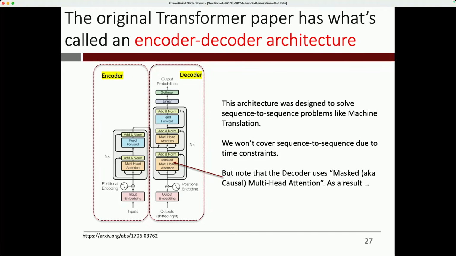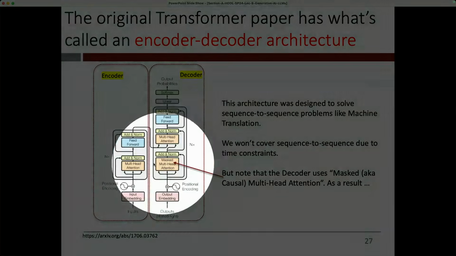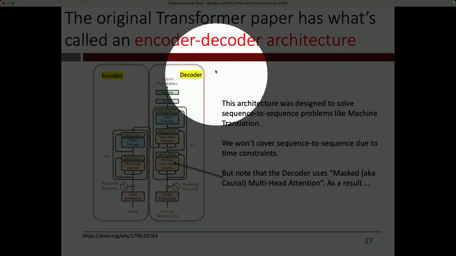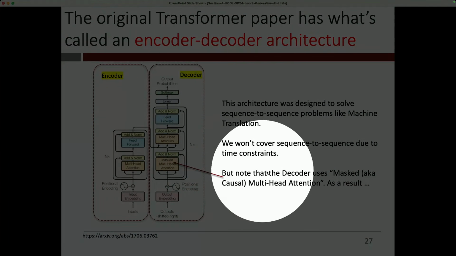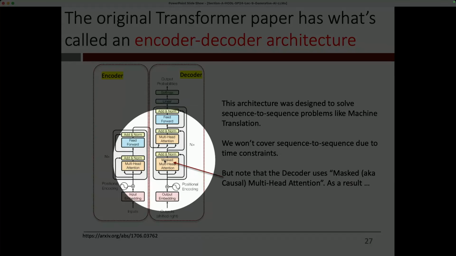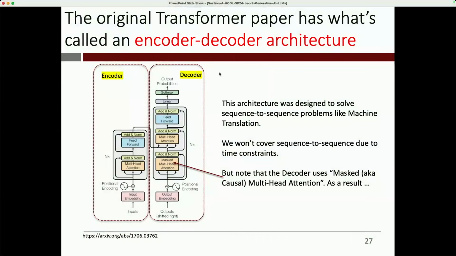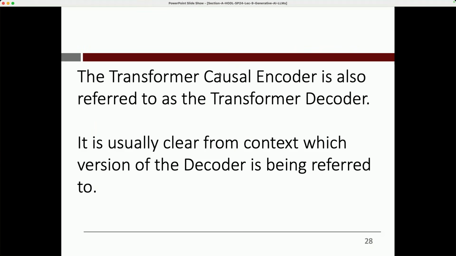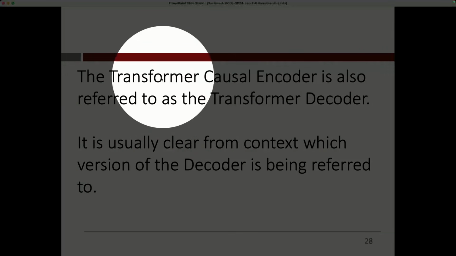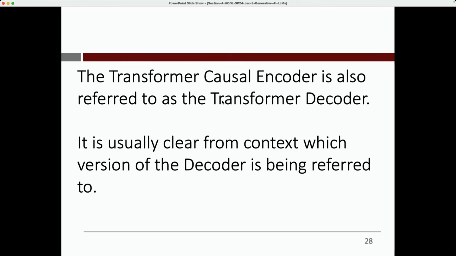But I'm mentioning this because this part of the architecture is called a decoder because it uses masked attention. So the transformer causal encoder is also referred to sometimes as a transformer decoder.